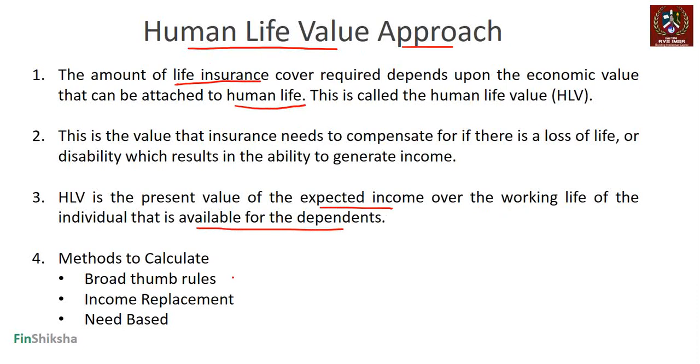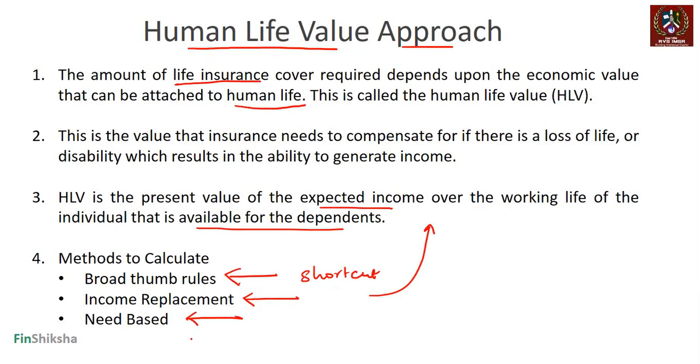Typically, the way the industry uses it is there is going to be a broad thumb rule. So a shortcut method where you can quickly calculate, okay, what should be the broad insurance cover for someone. Then there is going to be an income replacement method where we are going to primarily apply the tenets mentioned in point 3 here.